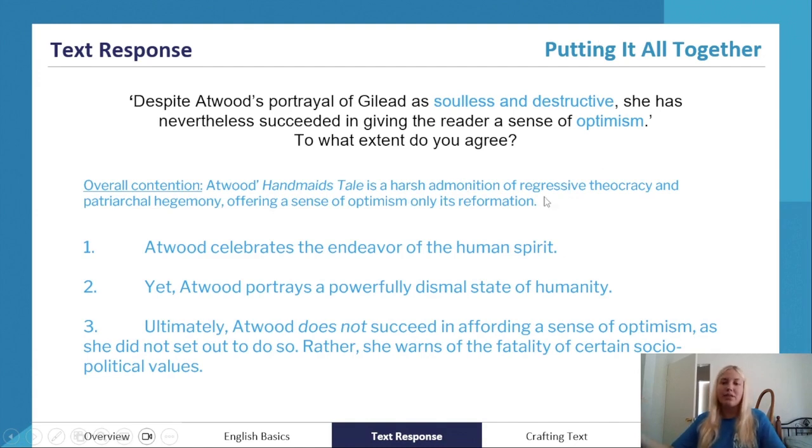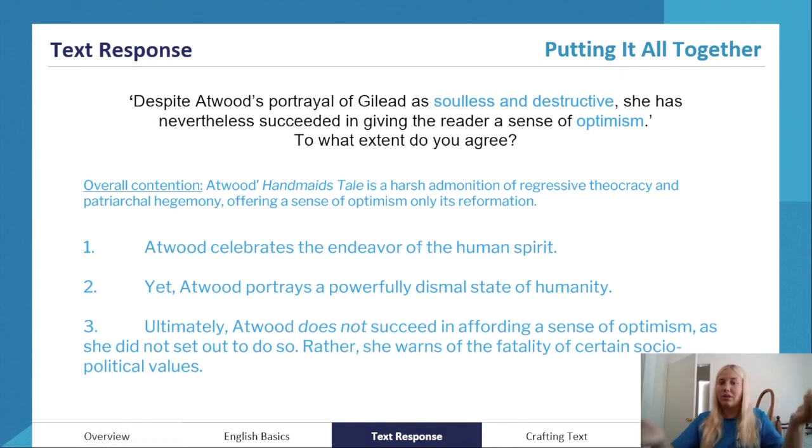Instead, Atwood represents a really strict belief system, a regressive theocracy, and a patriarchal structure. So, anti-feminist men rule the world, offering optimism, our counter argument that does agree with the prompt, offering the optimism by suggesting that maybe things can change. Only if things can change. And then the arguments for that: Atwood celebrates the endeavor of the human spirit.